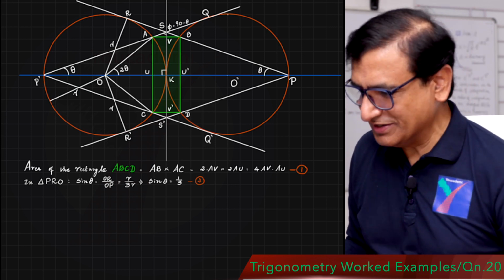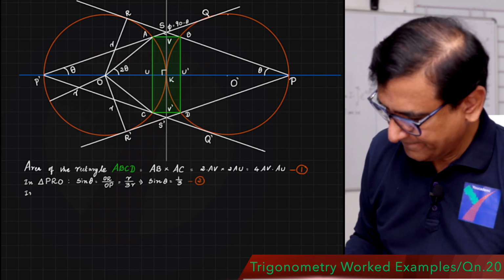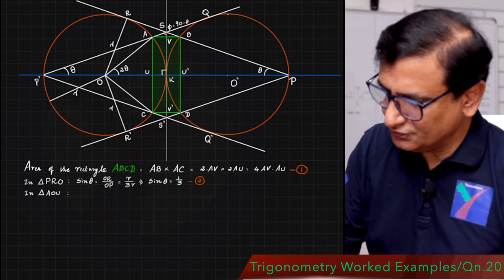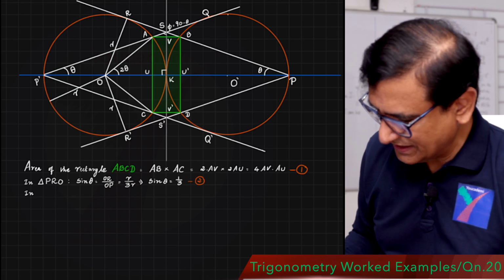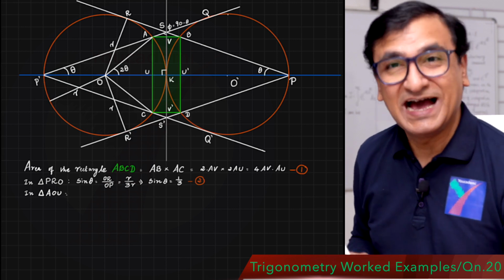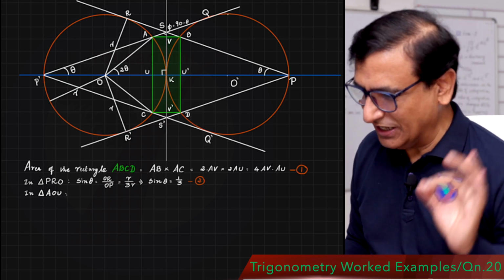Cool. Now let us look at the triangle AOU. In triangle AOU, I don't like AOU. Let me make it a little better. I'm a stickler for my handwriting. Now, let's look at the triangle AOU.